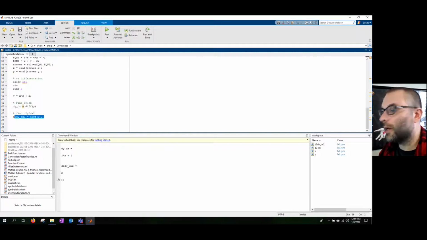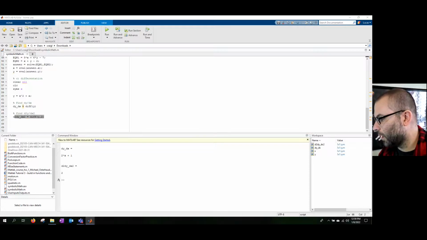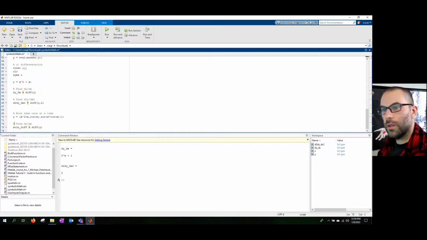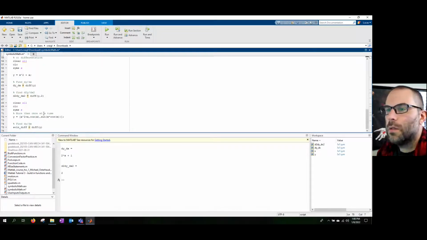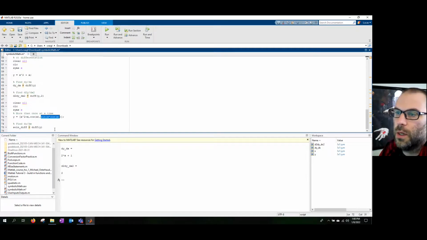Say we want to find multiple derivatives at one time. Let's make a column here. Again, I make a new equation. I can clear all, clc, and make syms x. So here I have one equation, two equations, three equations.